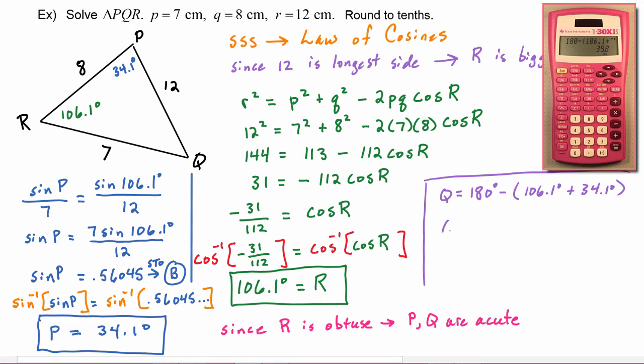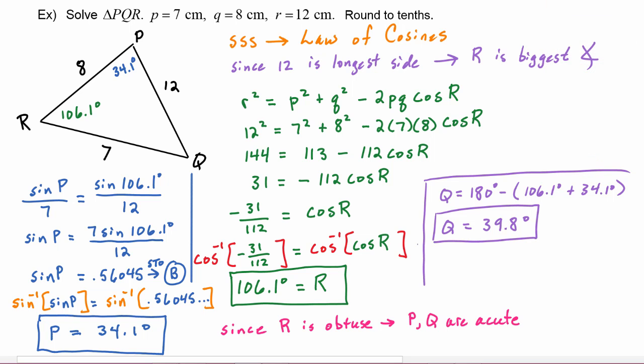And we find out that angle Q is equal to 39.8 degrees. We box it in our work and we put it in our diagram. So now we have all three angles and all three sides, and triangle PQR has been solved.